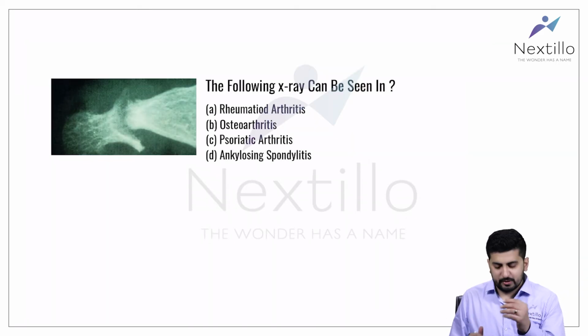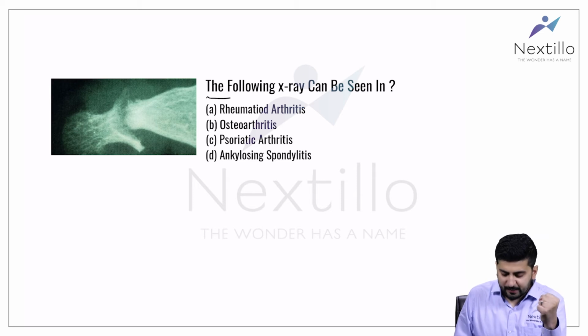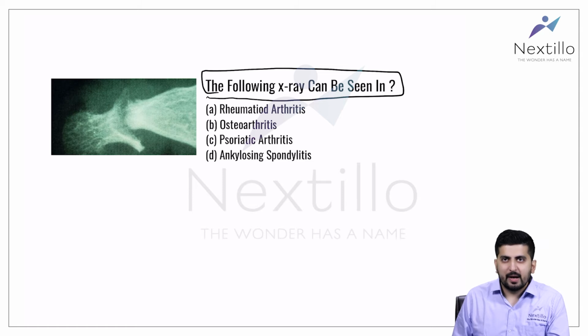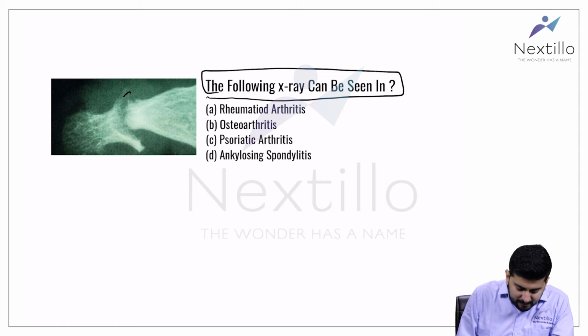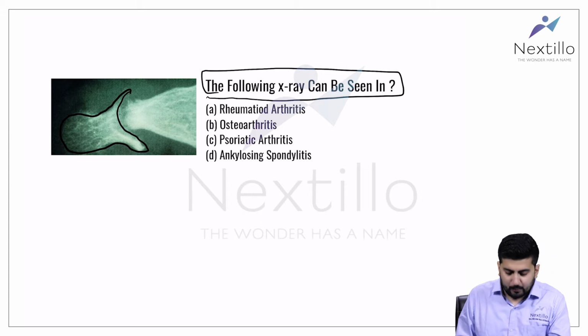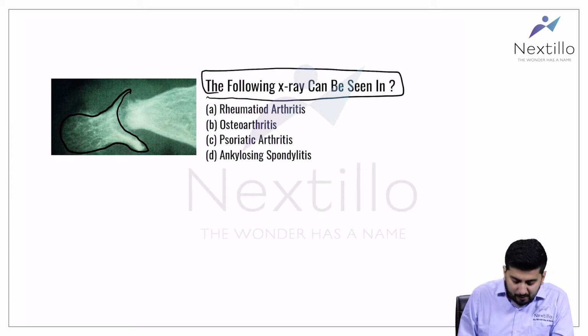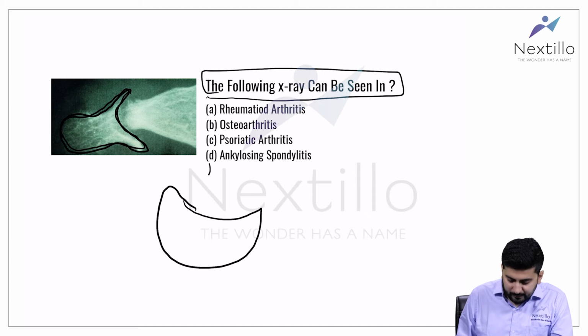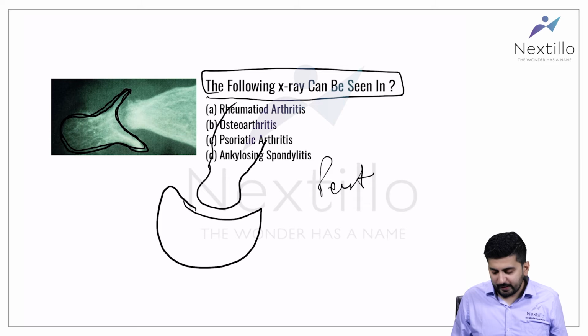Coming on to the next question. In this question, the examiner asks the following X-ray can be seen in which of the following situations. Now, if you see here, this is the X-ray of most likely the hand, showing the phalanges, and here you can see that there is a pestle in a mortar kind of appearance.